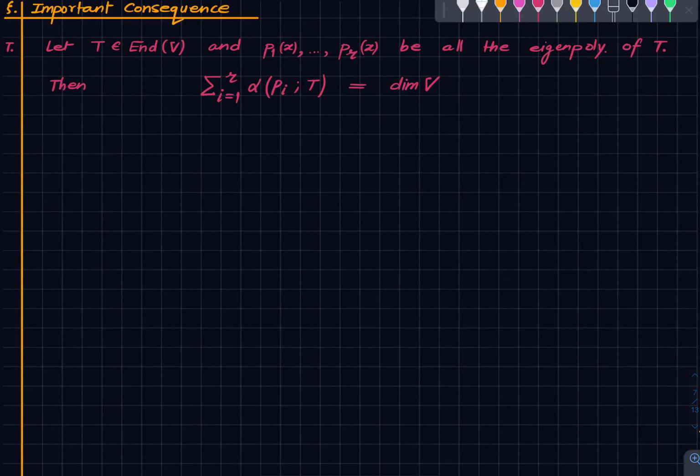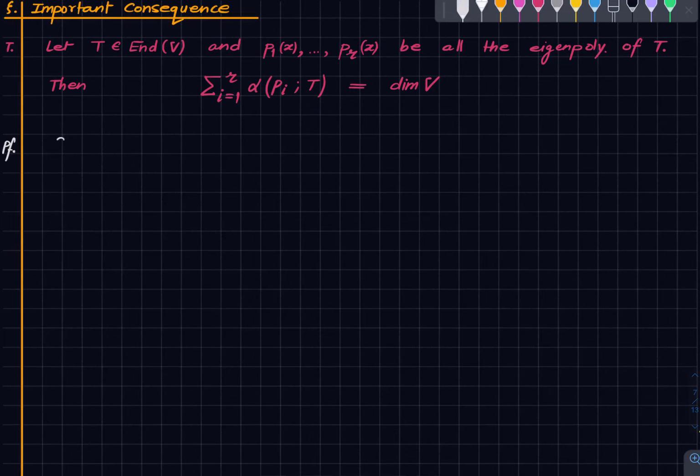Alright, so then the conclusion is that the algebraic multiplicities of all the eigen polynomials sum up to the dimension of V. Very interesting. And here is the proof. The proof is the primary decomposition theorem, coupled with what we have proven in the previous slides.